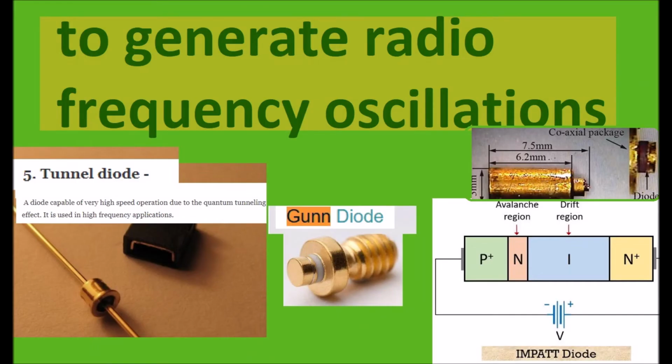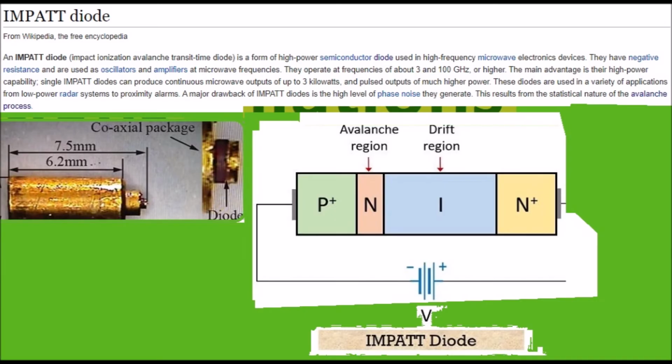The next type of diode in this bunch of diodes, which come under the category of those used to generate radio frequency oscillations, is the impact diode, IMPATT. An impact diode, impact ionization avalanche transit time diode, is a form of high-power semiconductor diode used in high-frequency microwave electronics devices.